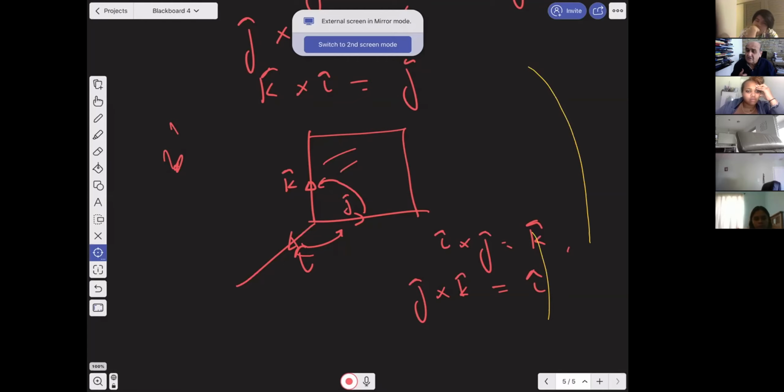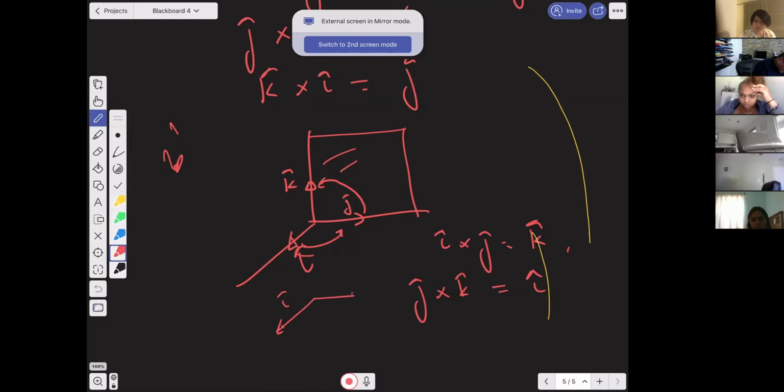Have you used a screwdriver? So imagine that you have I and you have J, and you have your screwdriver here, and you rotate I through J. The screwdriver will make you go up.